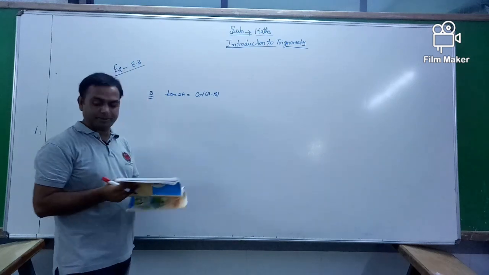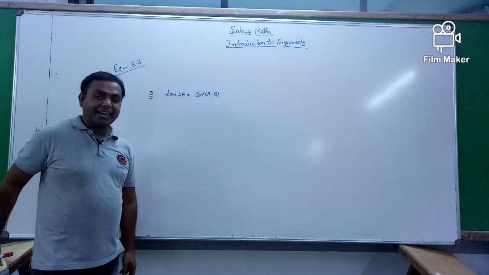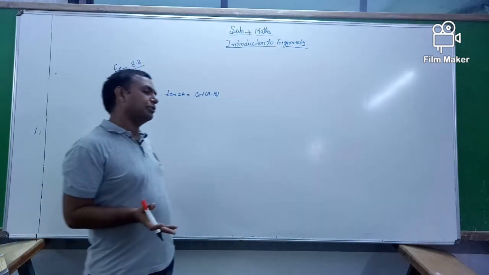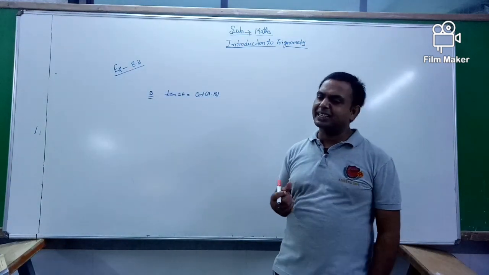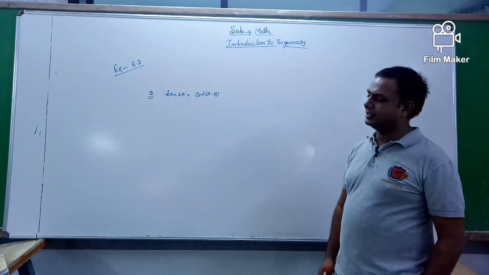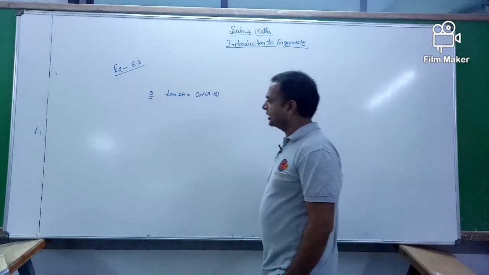Find the value of a. Acute angle means the angle which is more than 0 and less than 90. This is called the acute angle. So a is an acute angle.